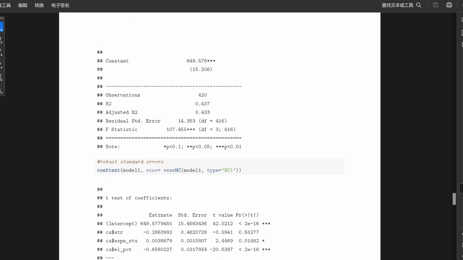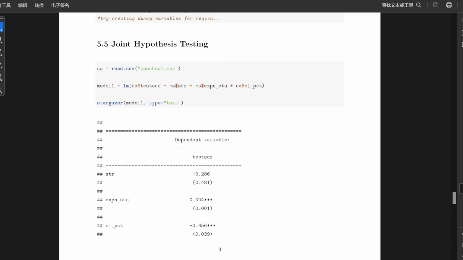And next, we can talk about joint hypothesis testing. So remember, this is your F test. Before, you used a t-test to test whether one coefficient is equal to a certain number. Now we can test if 2 coefficients are equal, or they're both 0, or they're both 1, or whatever.